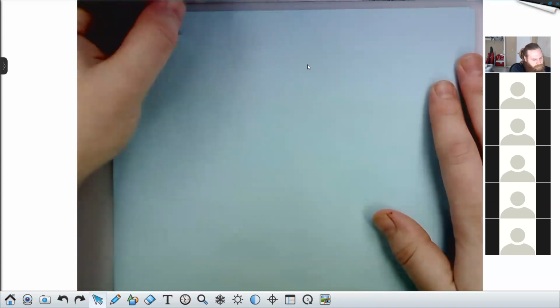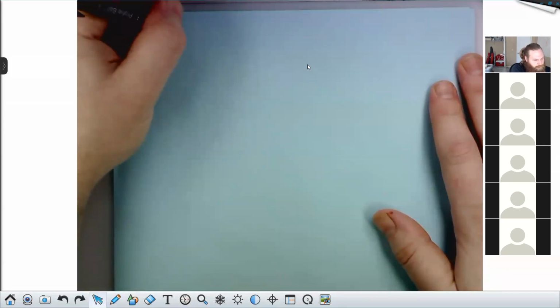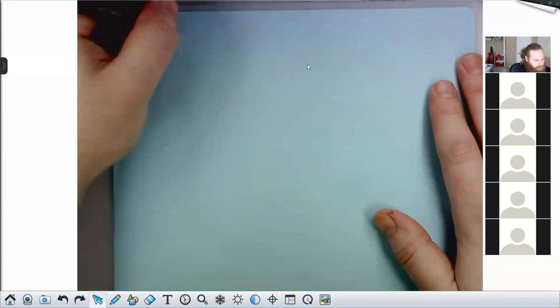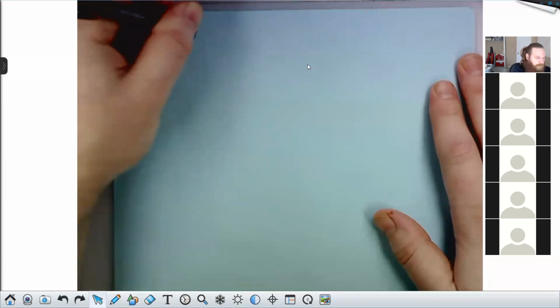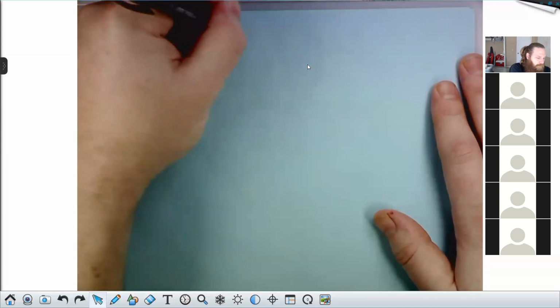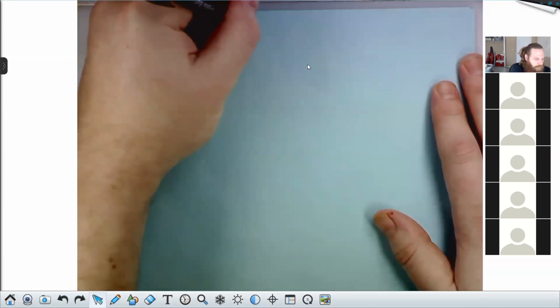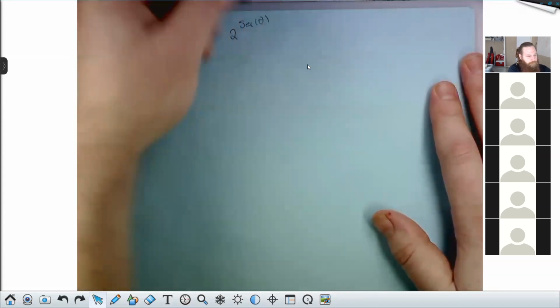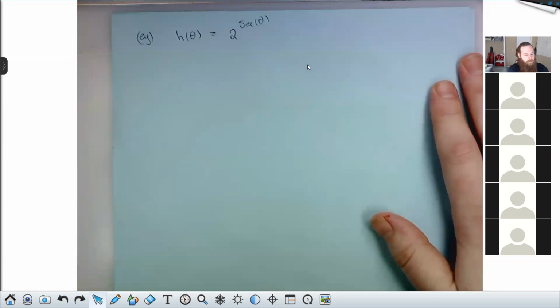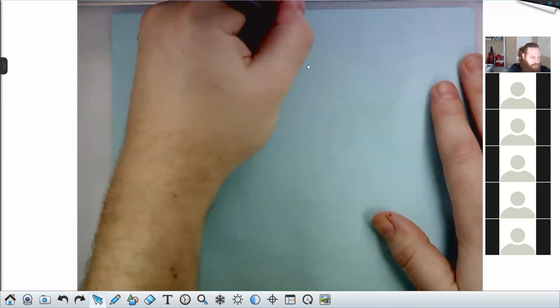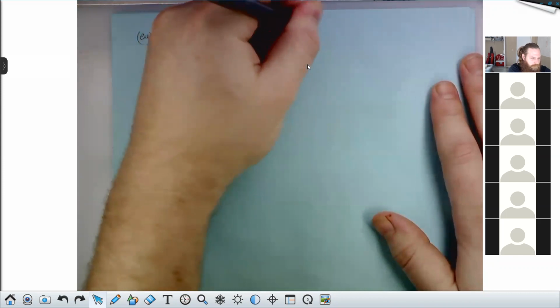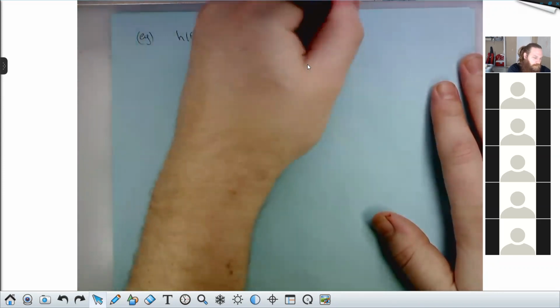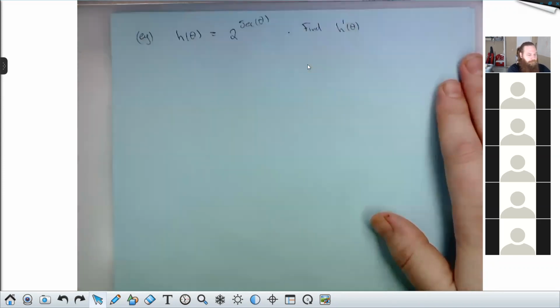So let's combine all this stuff. We want to talk about other variables. So I'll say h of theta is 2 raised to the power of secant theta. And let's find h prime of theta.